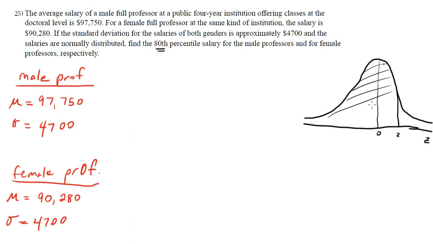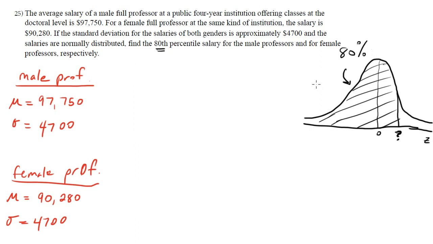And this area here is 80% of the entire area. 80% of values are less than this unknown Z value. If it was the 40th percentile, that would mean 40% of values are less than that particular value. So here this is 80%.